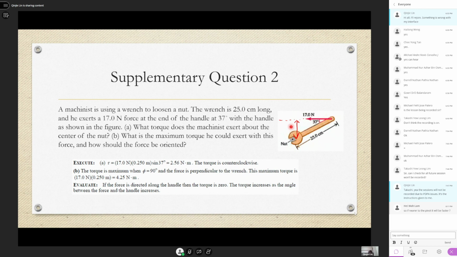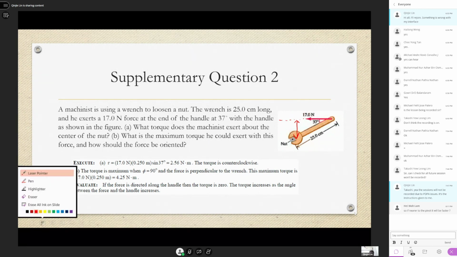Then for part B, what is the maximum torque you could exert with this force, and how should the force be oriented? The max torque should be when this angle is 90 degrees. If he can apply 70 Newton, he should not have applied it in this manner. He should apply it where this angle is 90 degrees. That will get the maximum torque.